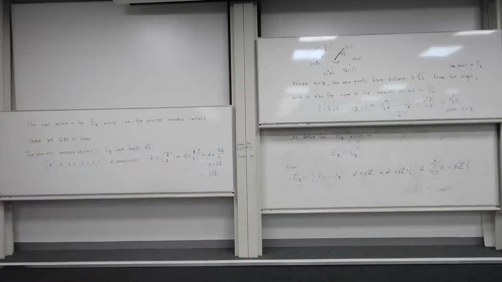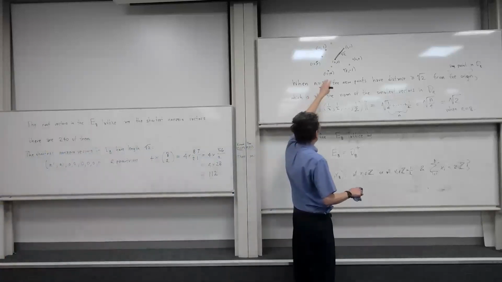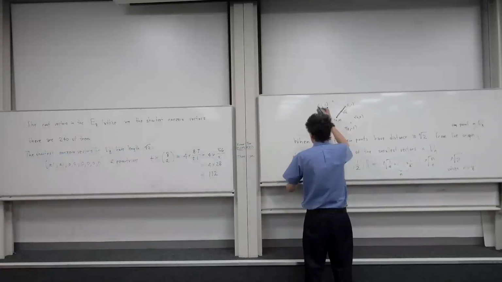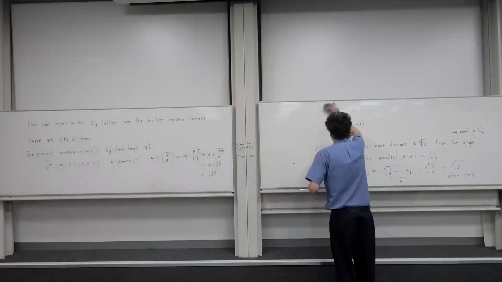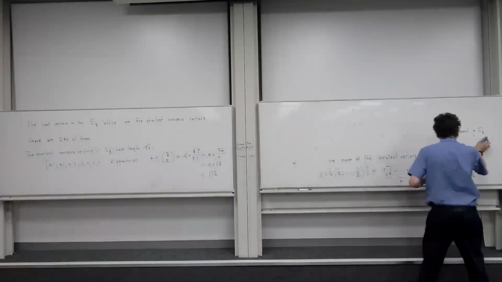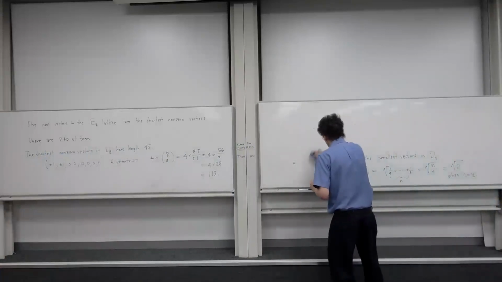But then there are going to be a bunch more, which are coming from these new vectors we've thrown in, these orange guys that have these 1/2s. So how many shortest vectors, i.e. vectors of norm square root of 2, are going to be of that sort?